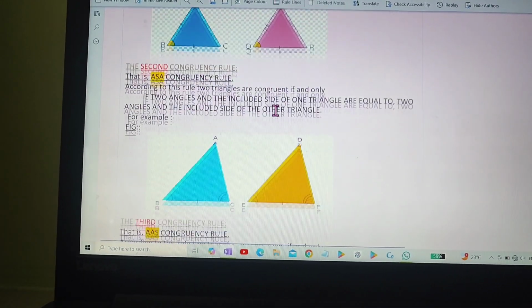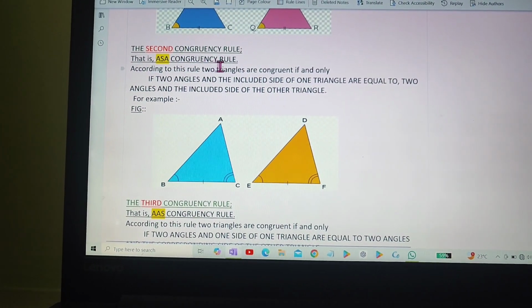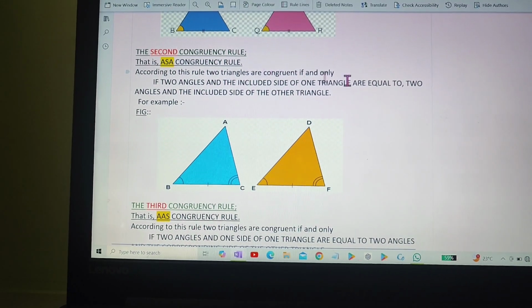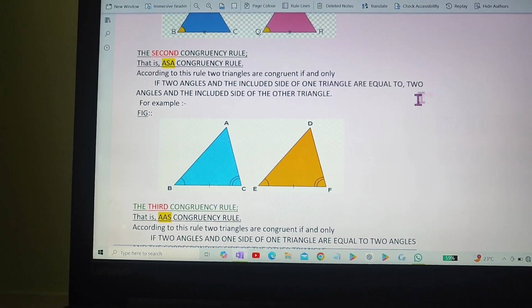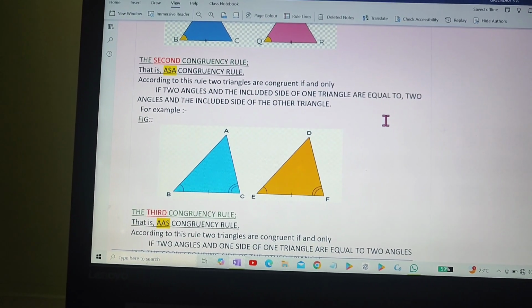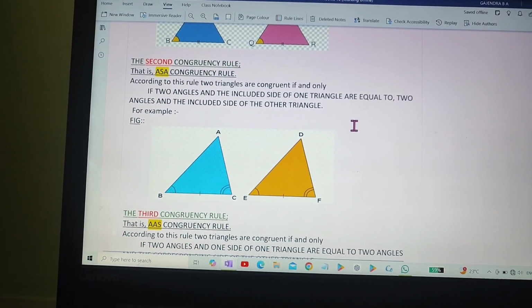Now let us discuss the second congruency rule, the ASA congruency rule. According to this rule, two triangles are congruent if two angles and the included side of one triangle are equal to two angles and the included side of the other triangle.